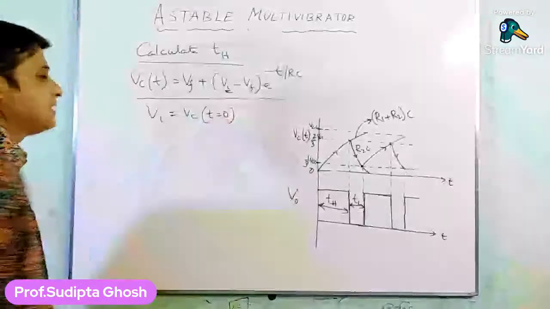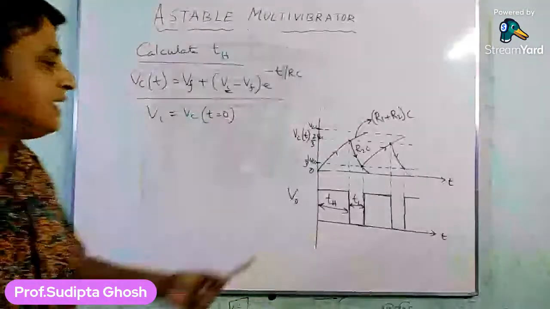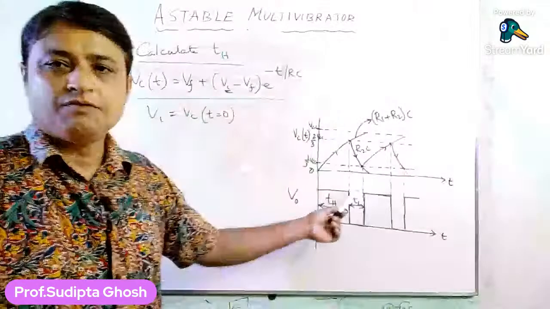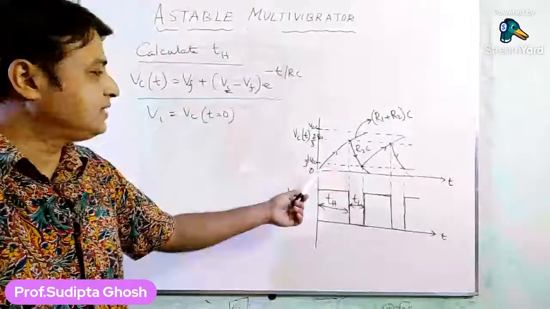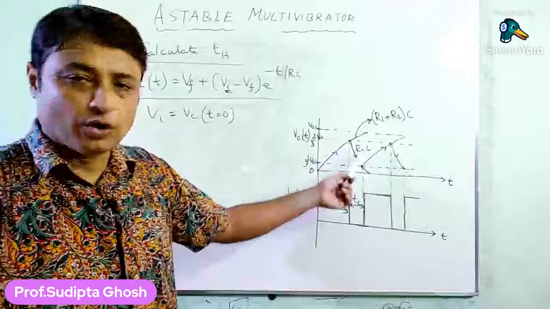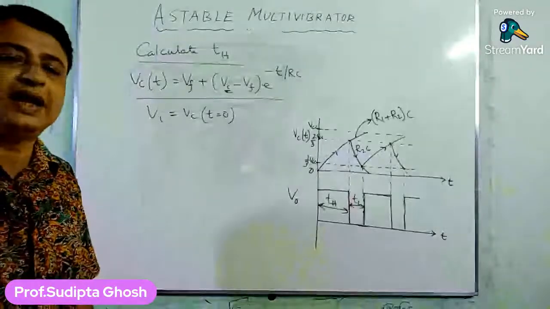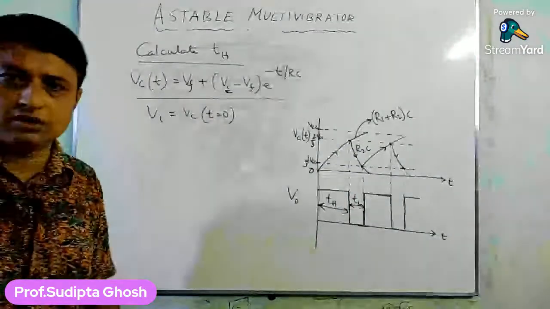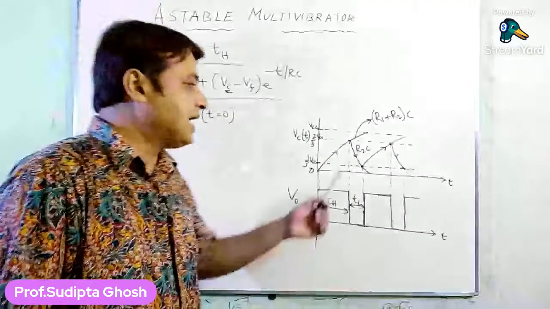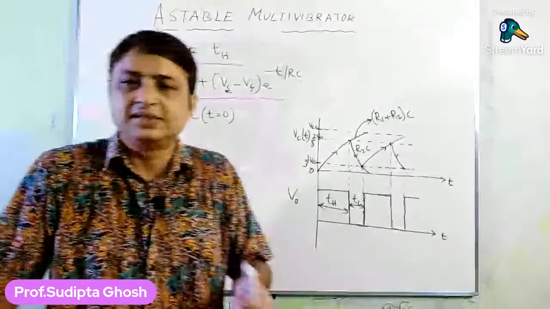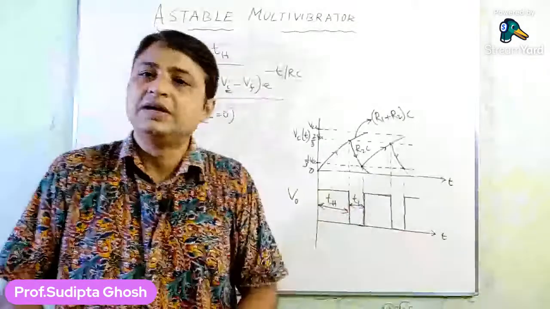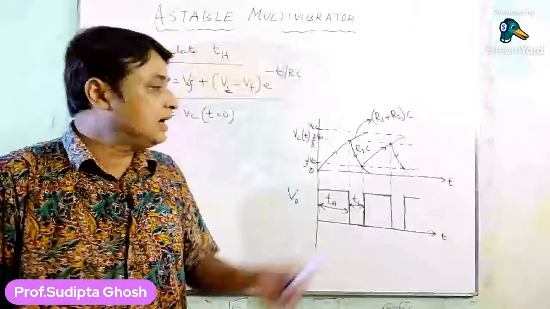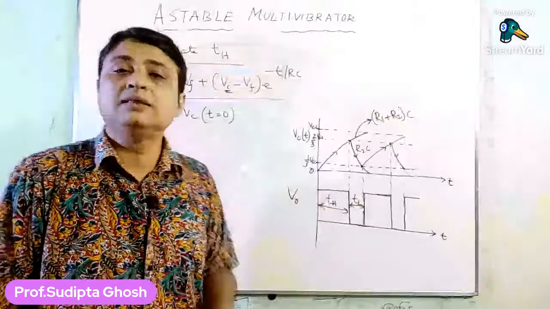For the first wave, we see that the capacitor starts charging from 0 volts. So a confusion may arise that for time t equals 0, the initial voltage is 0, but that is not the case, because when the waveform repeats itself, every time the capacitor starts to charge from an initial voltage of 1/3 of VCC.